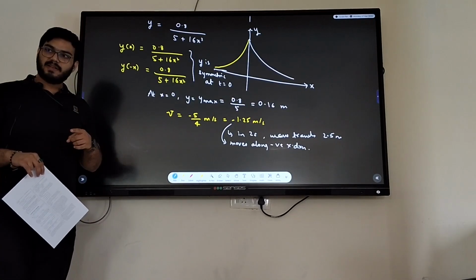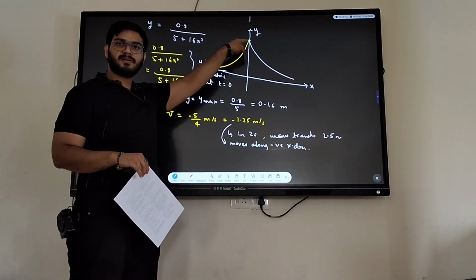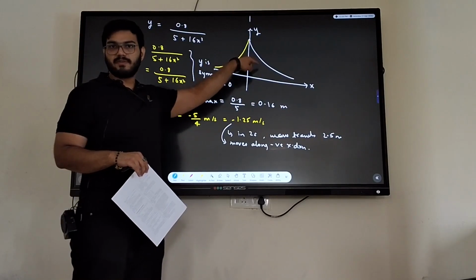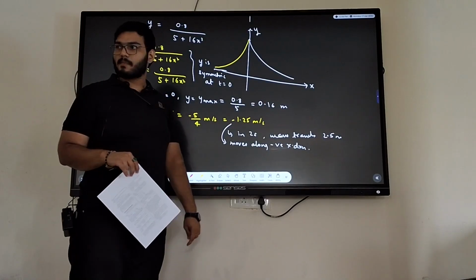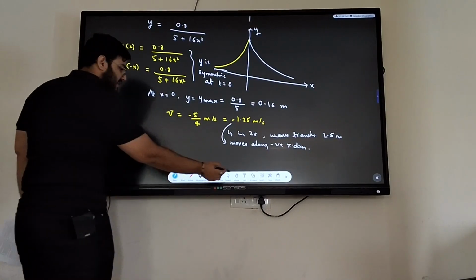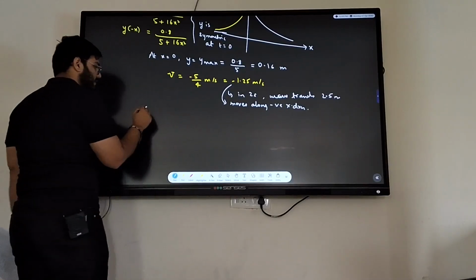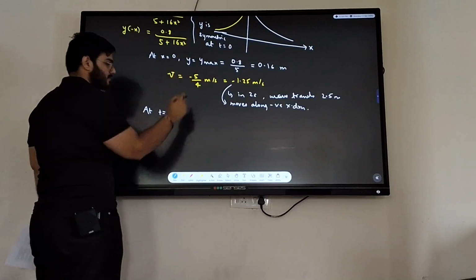The speed at which the wave moves should be the speed at which this peak moves. No? If I try to track the peak, then the speed at which the wave moves is the speed at which the peak should move. Yes or no? So let's say at t equal to 0, my peak was where?